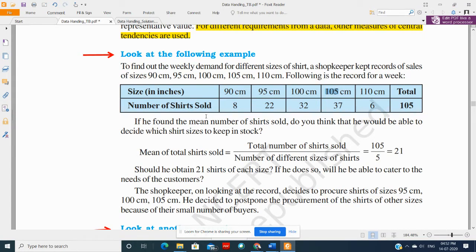So here in this example, because they are talking about the selling of a particular item, naturally we would take into account the number of that particular product being sold. कितनी चीजें सेल हो रही है उसके बेसिस पे हम प्रोड्यूस करेंगे. तो यहाँ पे हमें मीन काम नहीं आएगा.